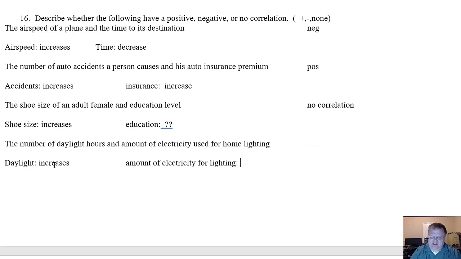It would make sense that the amount of electricity for lighting should go down if there's more light outside, generally speaking. Now, other uses might go up, but we're specifically citing this in terms of home lighting. And so if one quantity increases, the other one decreases, that would be an example of negative correlation.